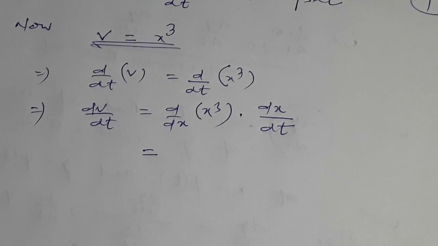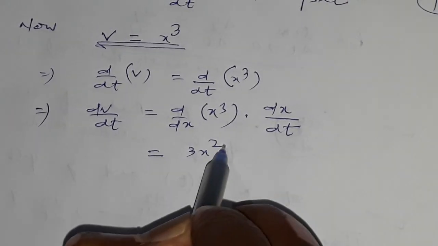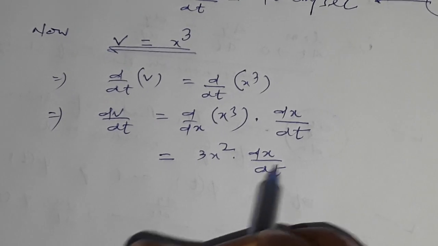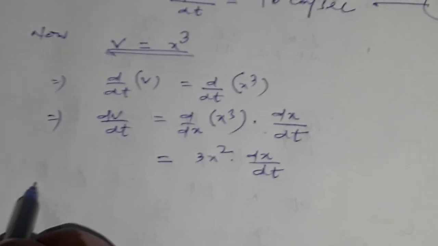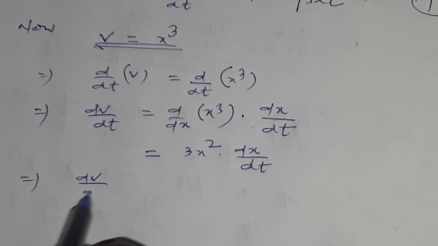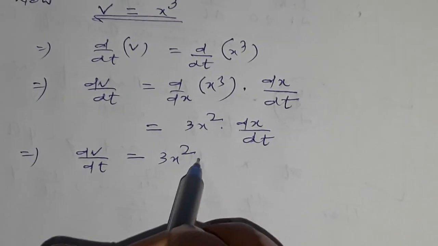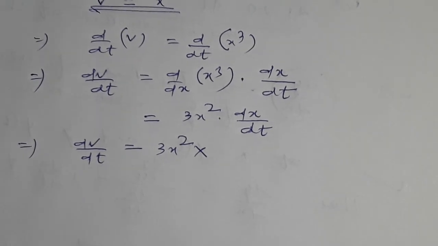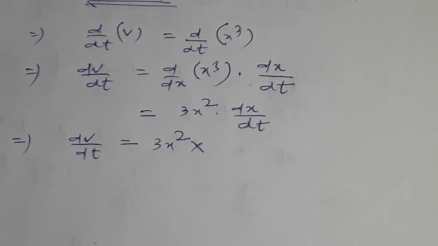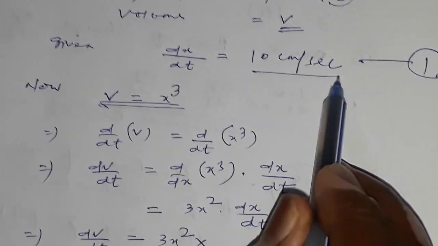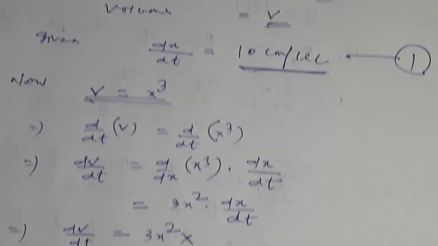This equals 3x square into dx by dt, which equals 10 cm per second.